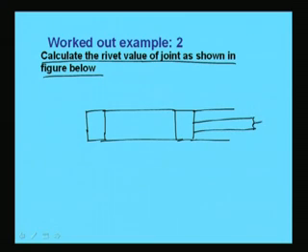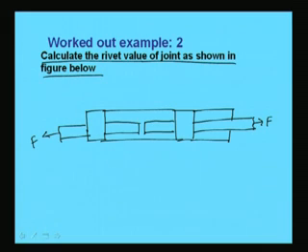So, this is F and this is the main plate, this is another main plate, carrying tensile force of F. So, from this we are seeing that this is a butt joint.